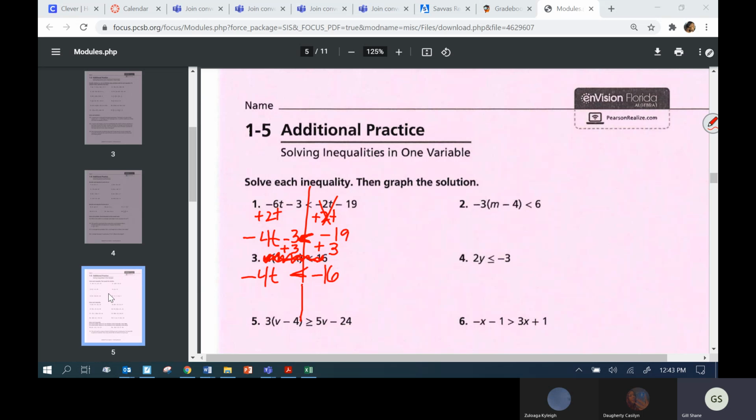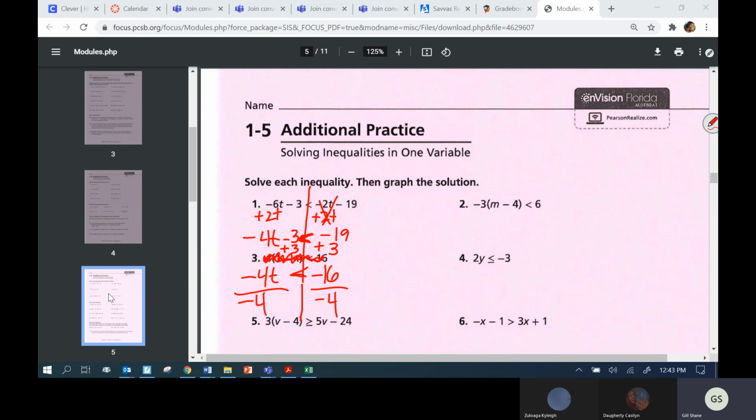So again, the steps are the exact same until your last step. This is the only thing that's different, the only thing you have to remember when you solve these out. Our last step is always division, right? We say that over and over again.